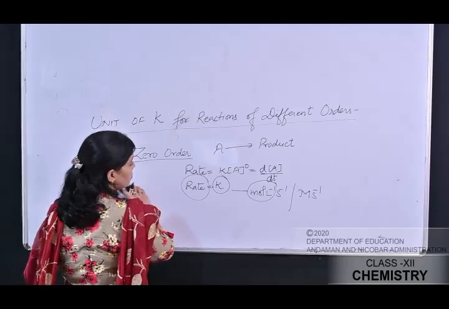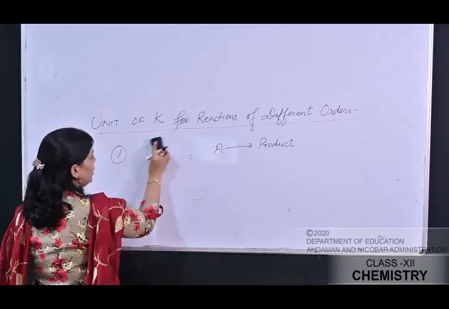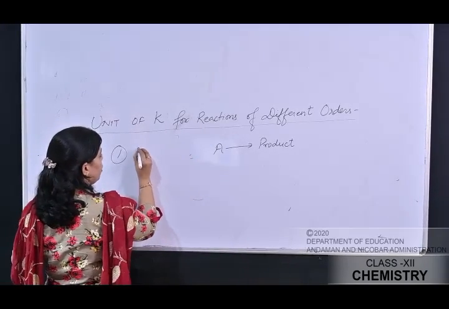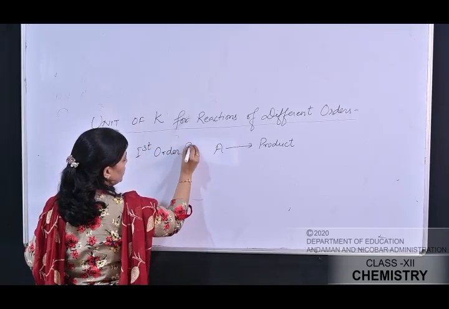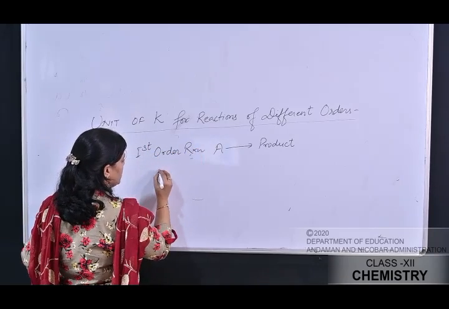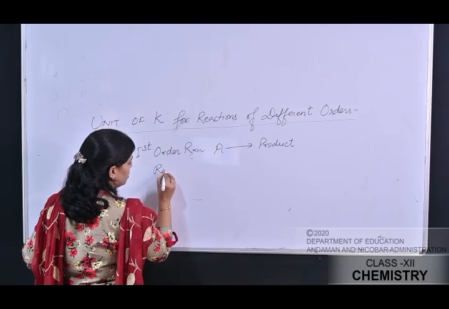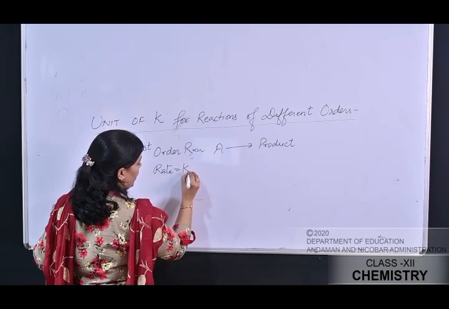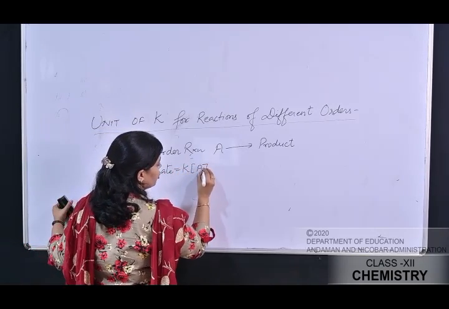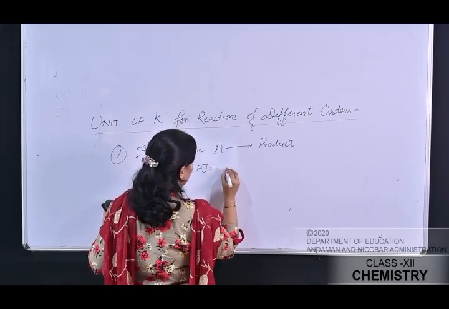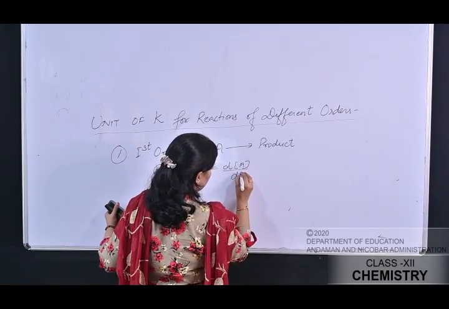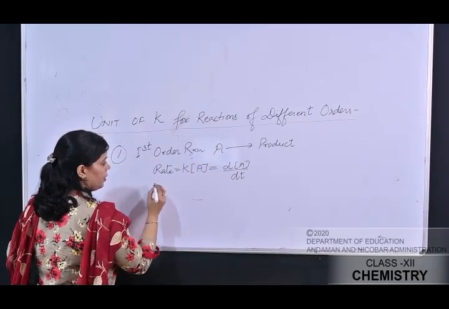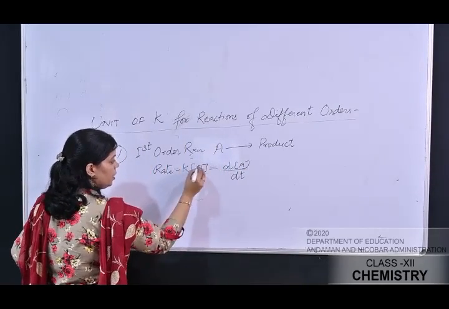After that, next is how we calculate the unit of rate constant for first order reaction. First order reaction: rate is equal to k, A raised to power 1, which is equal to dA by dt, and this is the differential equation.